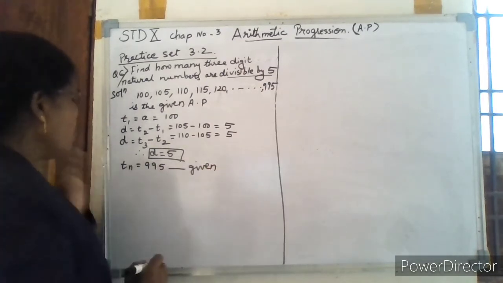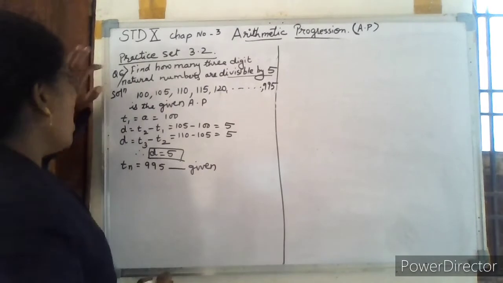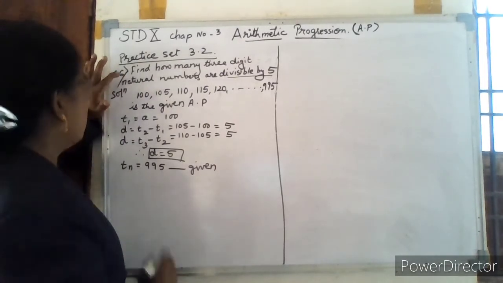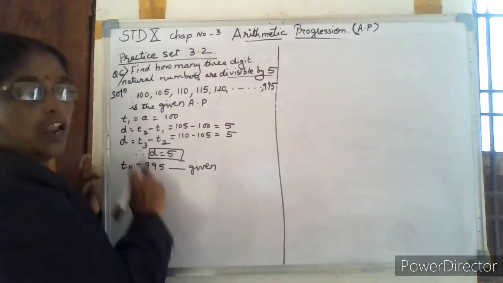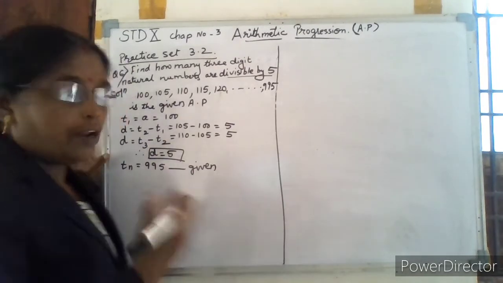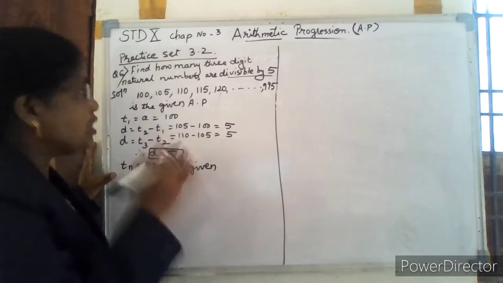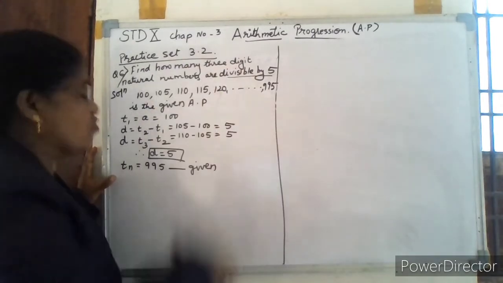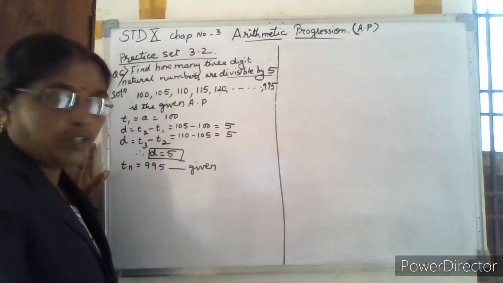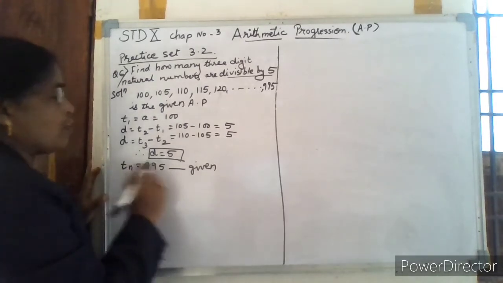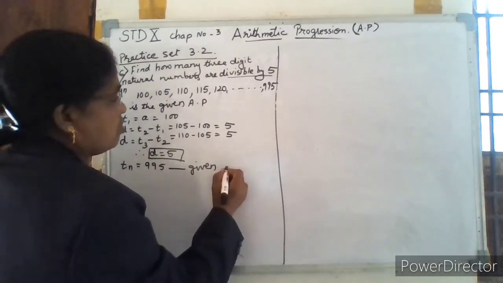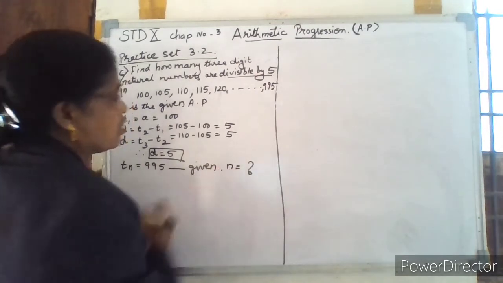Now we have to find which term this last term 995 is. Whether it is the 20th term or 25th term, that we have to find out. So n value is not given; n is the question mark here.